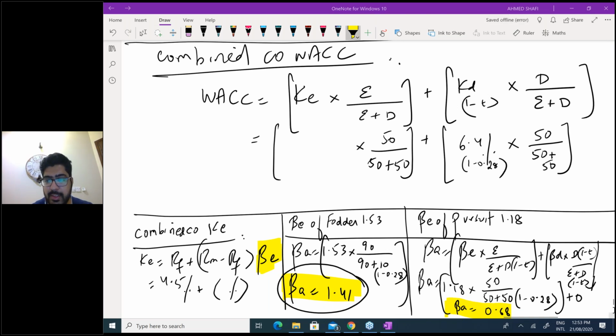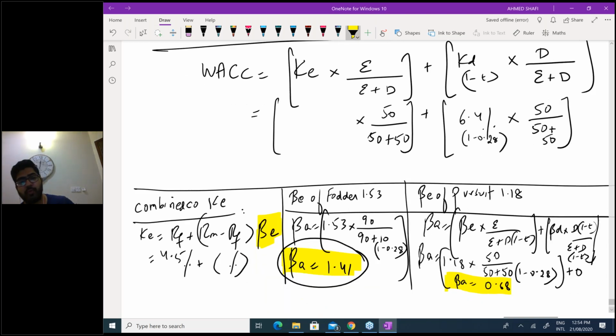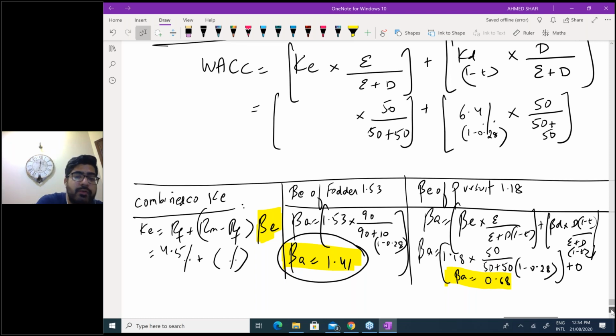Okay, so the question stated, now we are stuck here that we need combined beta equity. There was only information about combined beta asset, that combined beta asset of individual companies is the weighted average of individual beta assets.